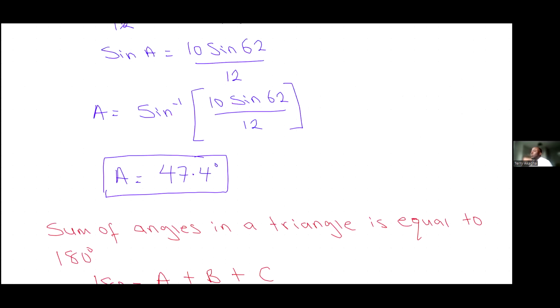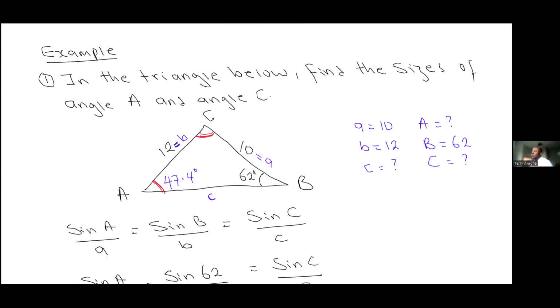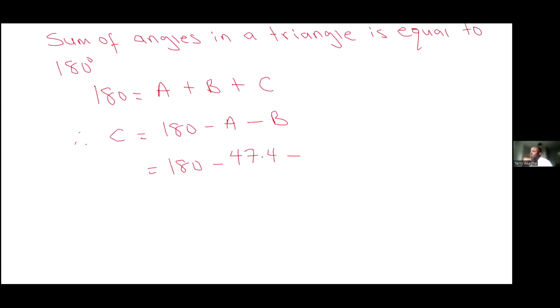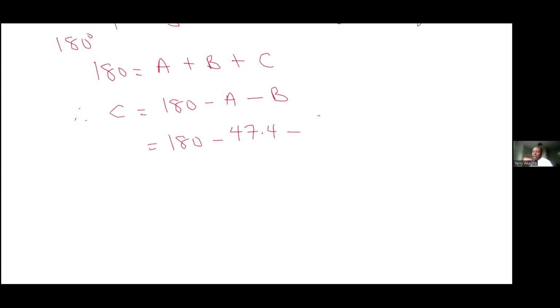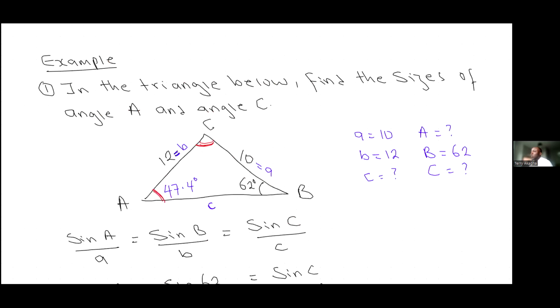The B we had was 62 degrees. The minus 62 degrees. And then that will give us 70.6 degrees. So C is equal to 70.6 degrees.